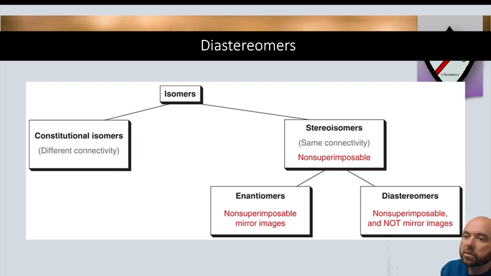When you have more than one chiral center in a molecule, then you can have many different arrangements or many different combinations of S's and R's. And those different combinations of S's and R's are how you get diastereomers of different molecules. We'll take a look at a couple in the next few slides.